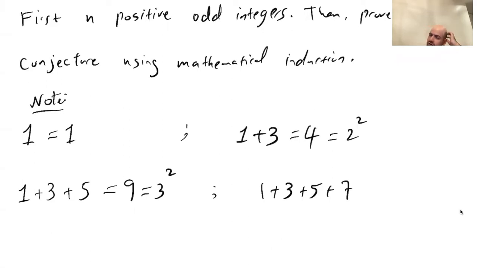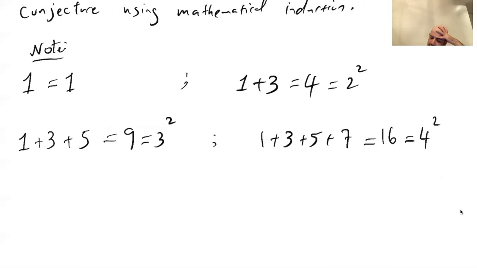The first 4 positive odd integers: 1, 3, 5, and 7. If I add them, 4 plus 5 is 9, plus 7 is 16, and 16 is 4 squared, and so on.